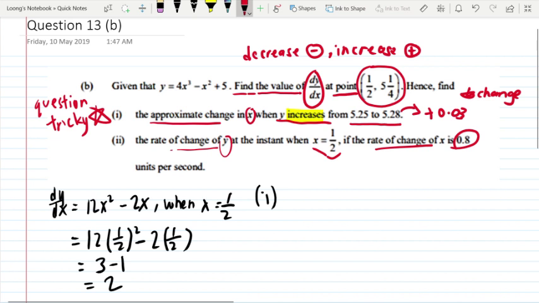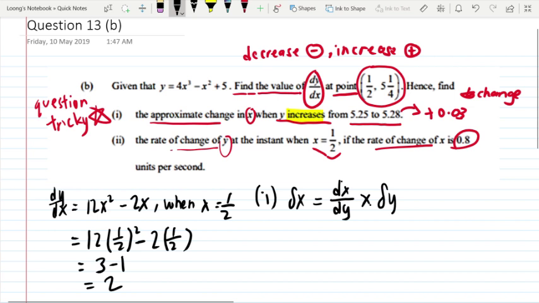what we can do here is use the formula for approximate change. The change in y, delta y, equals dy/dx times delta x. But we need to find the change in x, so delta x should be dx/dy multiplied by delta y.